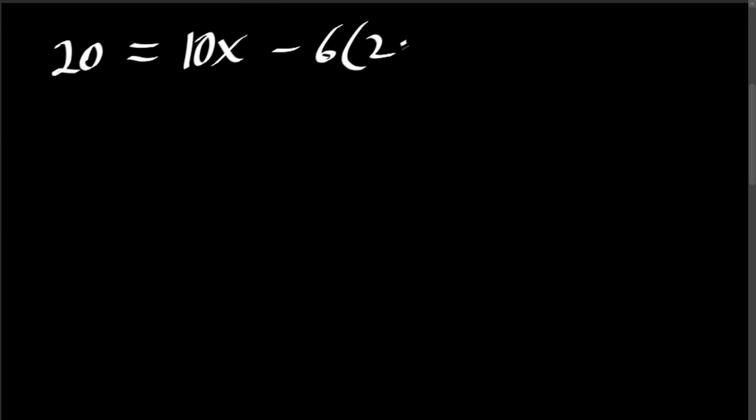All right, I'm going to switch it around though. I changed my mind again. I'll do that a lot. That's okay. All right, so 20 equals 10x minus 6 times 2x plus 5.